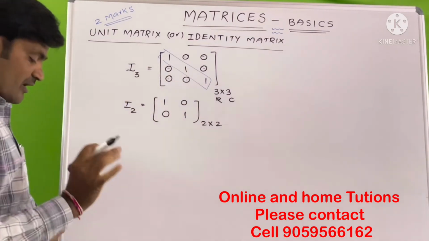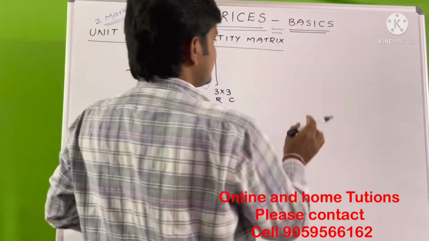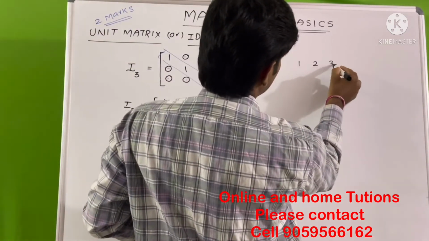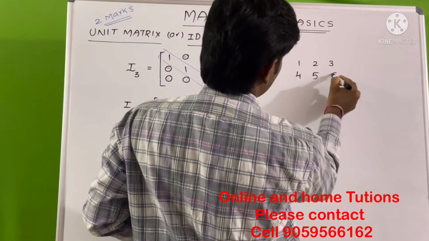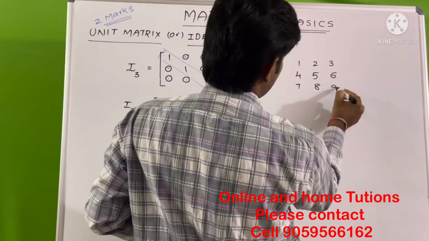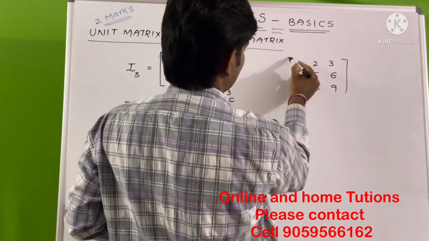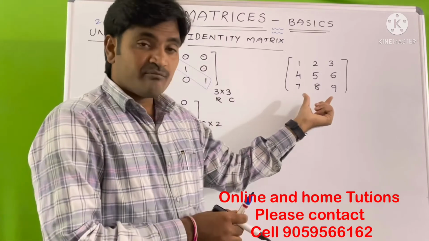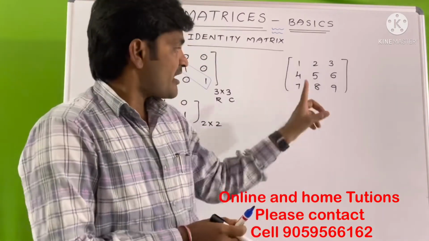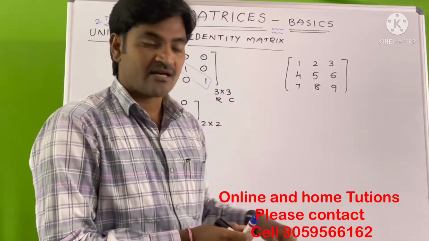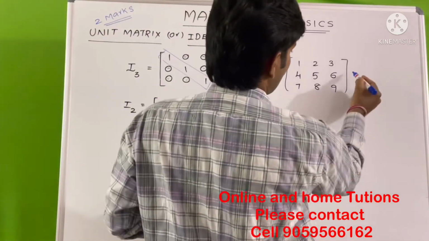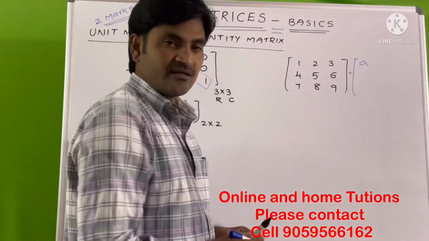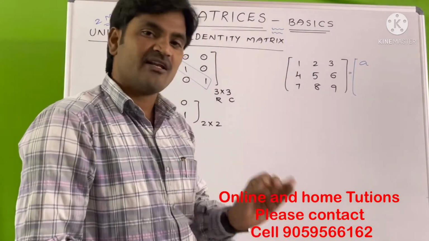Now a very useful concept. For example, 1, 2, 3, 4, 5, 6, 7, 8, 9 is any matrix. Generally matrix elements are denoted by small a. a is any one of the elements.